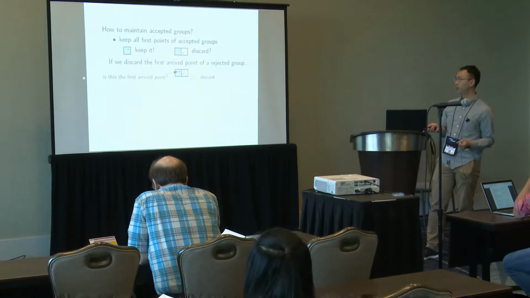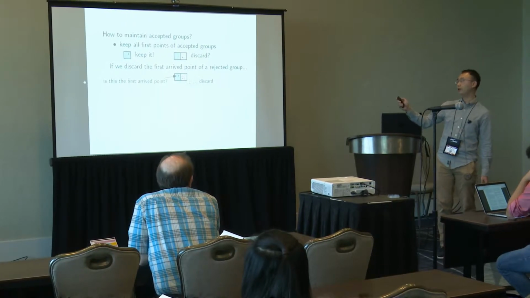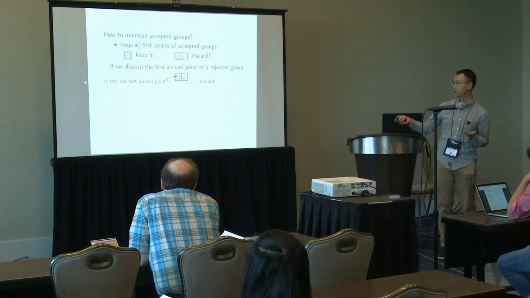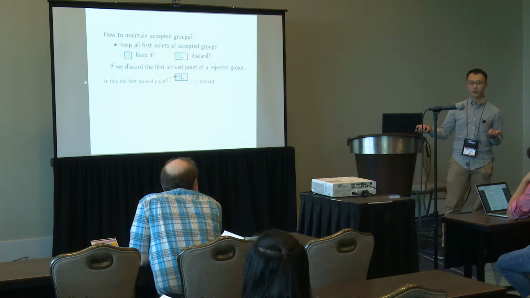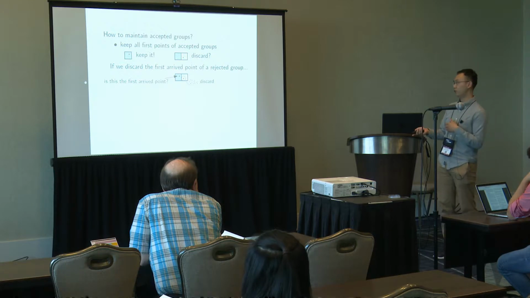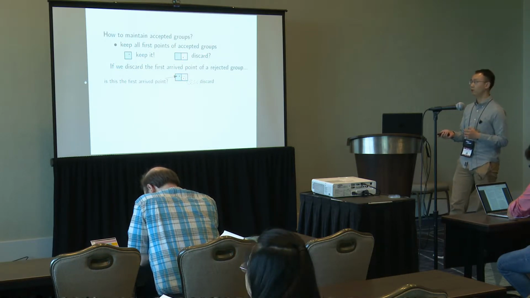The problem is if we discard this point, then later another point of the same group comes, and we don't know whether it is the first arrived point or not. So we have to keep all the first arrived points which are near a sample cell.